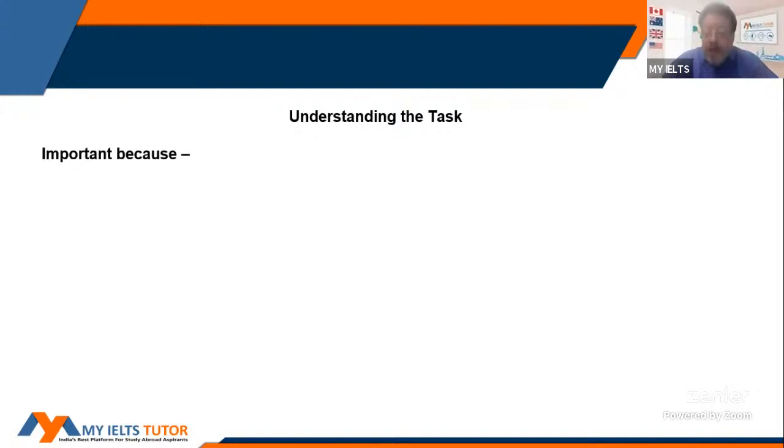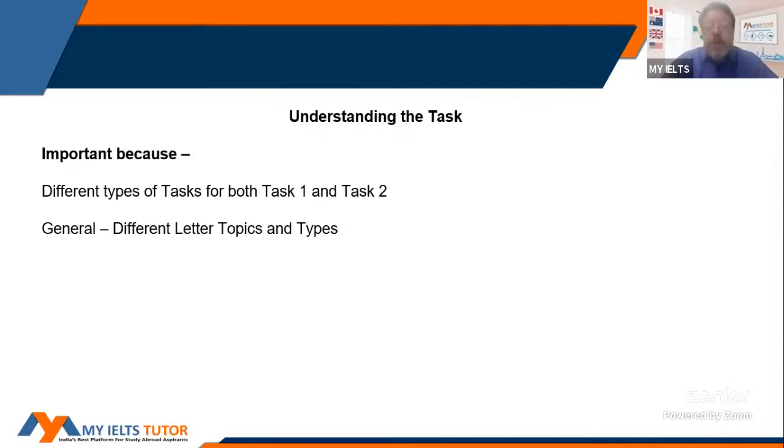It's important because there are different types of tasks for both task 1 and task 2. For general, you have different letter topics and types. So you may have a formal letter or an informal letter or a semi-formal letter, and there are different types of letters, such as making a complaint or making a request, offering an apology, or giving advice.